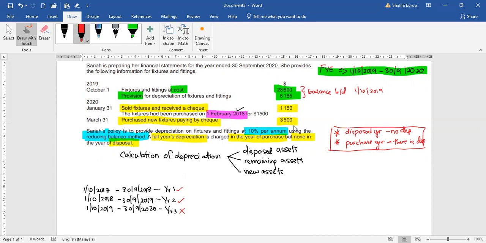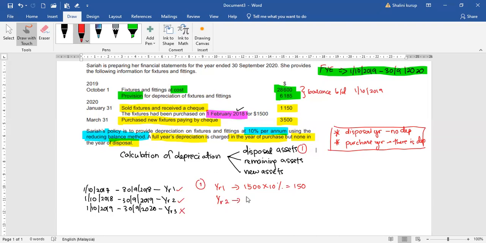So now I'm going to calculate the depreciation for the disposed asset. I'm going to show you here. For year 1, now year 1 is very simple. The cost of your furniture was 1,500. You just times 10%. So you get 150. This is your depreciation for year 1. Now year 2 depreciation.